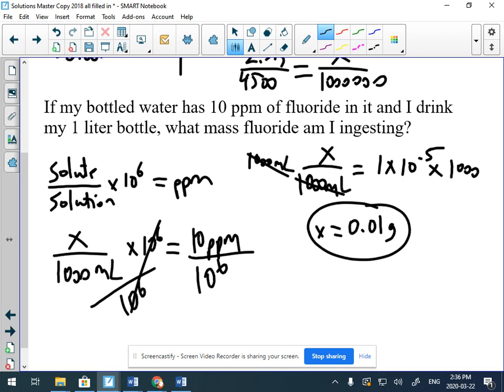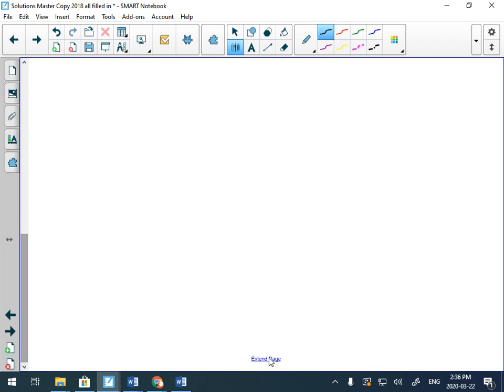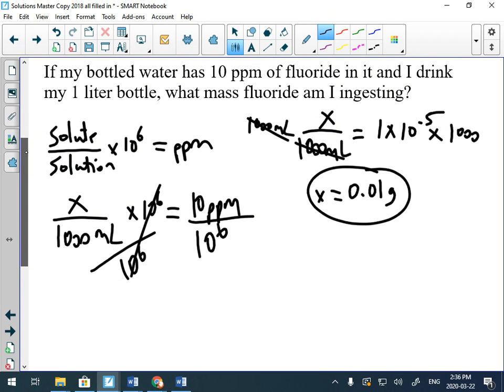Okay, there's your question. Now, if you want to use that cool little ratio thing for this question, another thing you can do is go, 10 parts per million is literally like saying you have 10 grams per million milliliters.